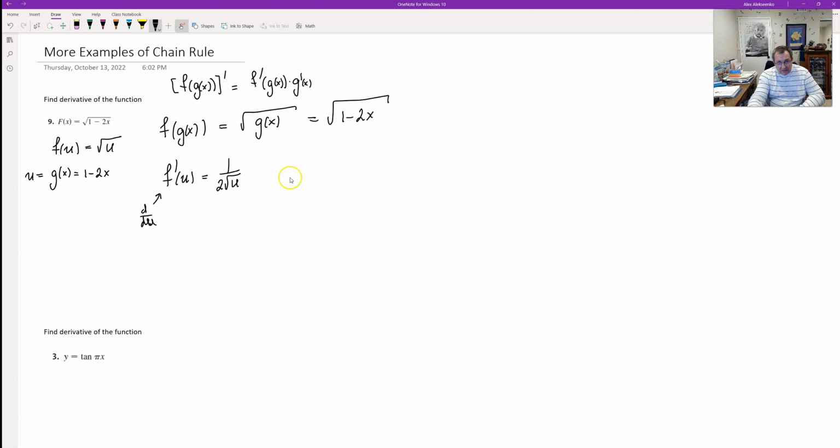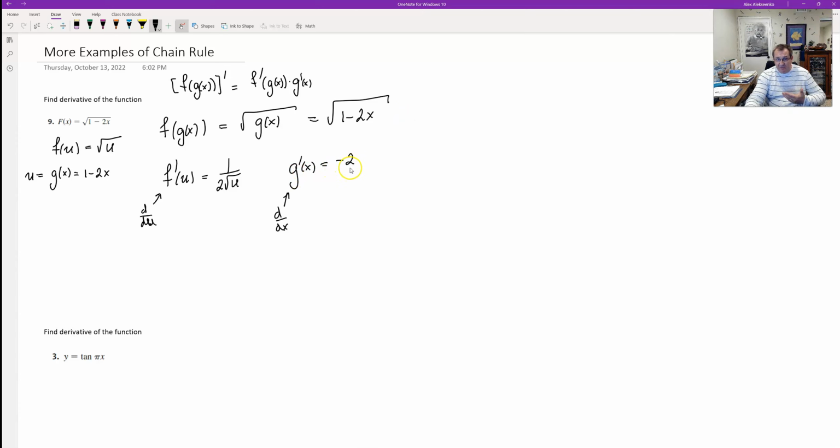On the other hand, the derivative of the function g is with respect to x. The chain rule doesn't highlight it, but please keep in mind that f prime is the derivative with respect to the variable that defines function f, and g prime is the derivative with respect to the variable that defines function g. So in the first case it was u, in the second case it is x, and the derivative of function g is -2. That's actually a pretty simple derivative.